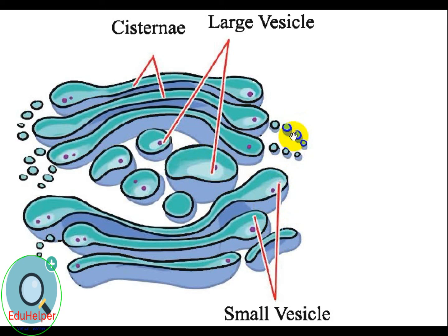When a protein is made in the endoplasmic reticulum, a transition vesicle is made. The vesicle or sac floats through the cytoplasm to the Golgi apparatus and is absorbed. After the Golgi does its work on the molecules inside the sac, a secretory vesicle is created and released into the cytoplasm.